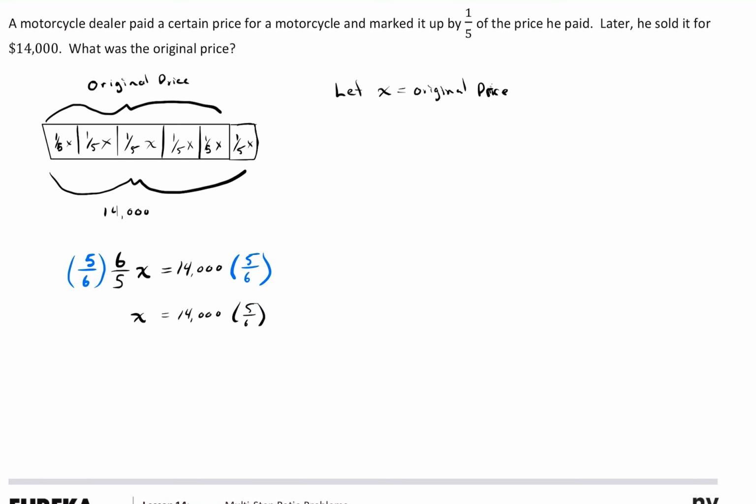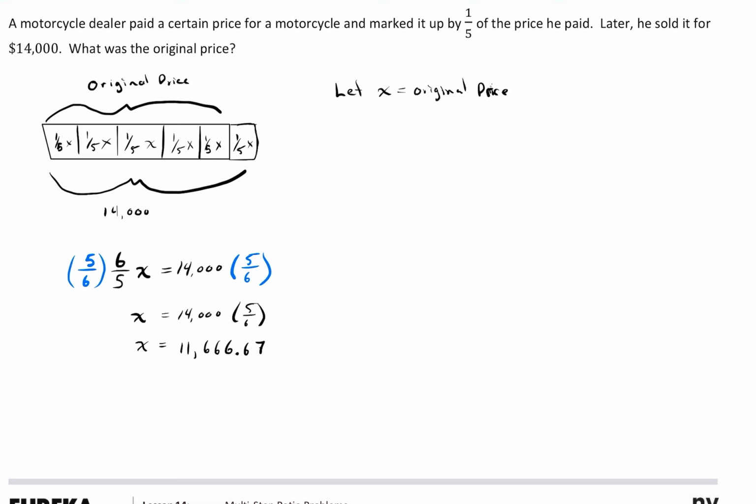So our x is going to equal $11,666.67. So the original price of this motorcycle is $11,666.67.